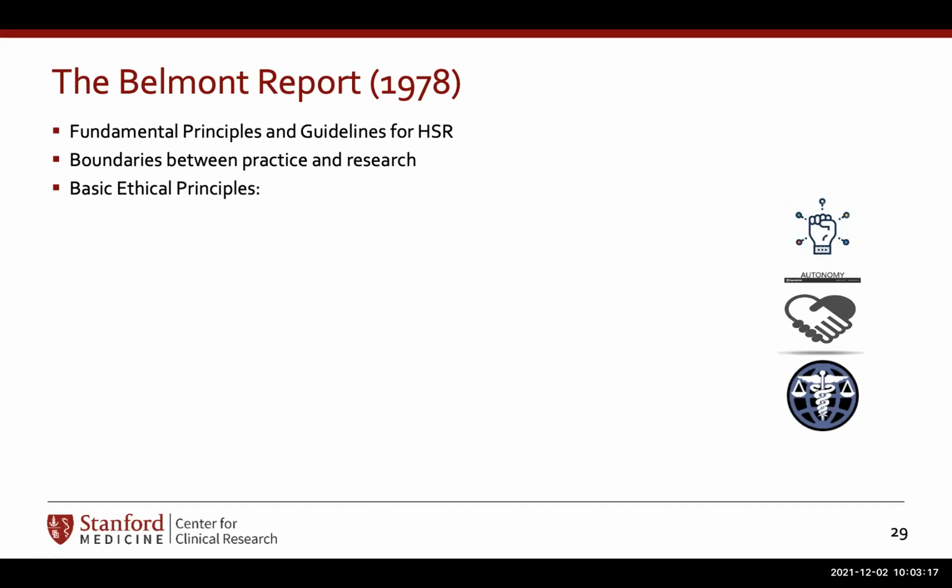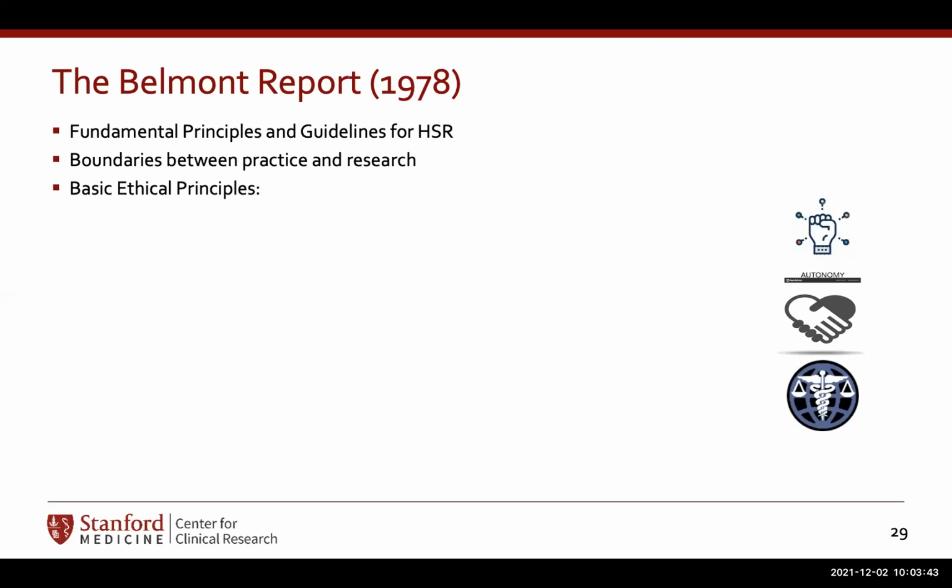And before I click on, who knows what the three ethical principles are that are in the Belmont Report? Or just name one of the three. I can never say it. But what is it? Beneficence. Yeah, thank you. That's one.